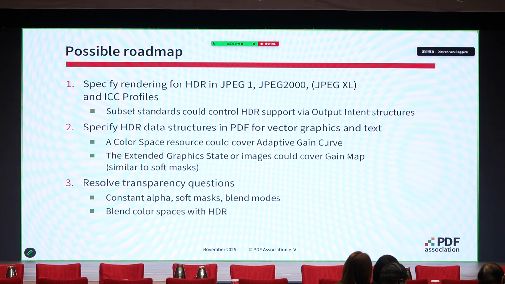And then the other thing is you always have a blend color space where the two objects, background and foreground, are combined and converted into. The question is, can this blend color space also support HDR so that two images, for instance, both having HDR, can be transparently combined with each other?